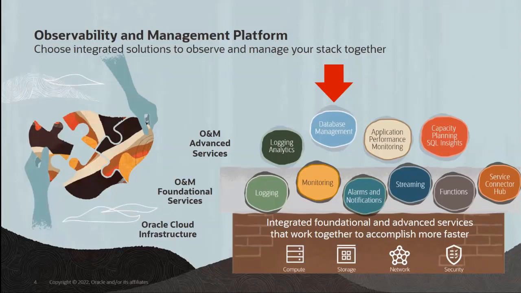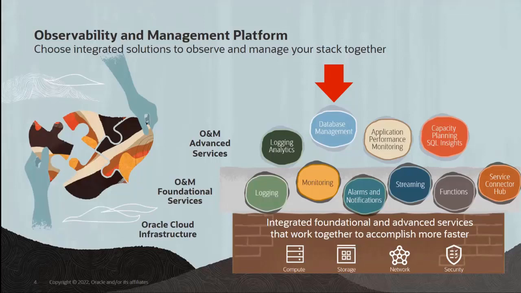Starting from the bottom, you see Oracle Cloud Infrastructure. On top of that, we have a row of foundational services. Some of these are free, some of these are super low cost, and they're really foundational pieces with functionality that you can leverage to get started. But the real value comes when you look at the observability and management advanced services across the top.